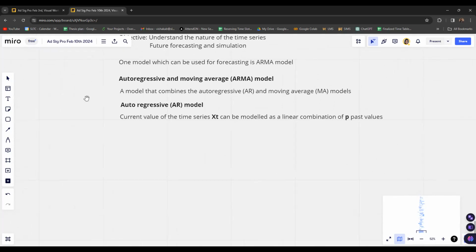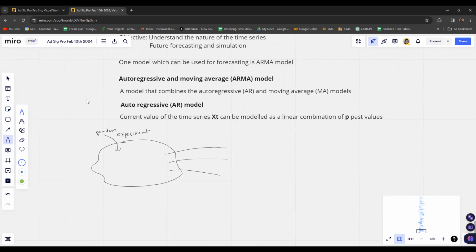If I'm going to explain that again, I think I have to draw the diagram that I always draw, where you do a certain random experiment and you obtain results from that random experiment over multiple realizations.